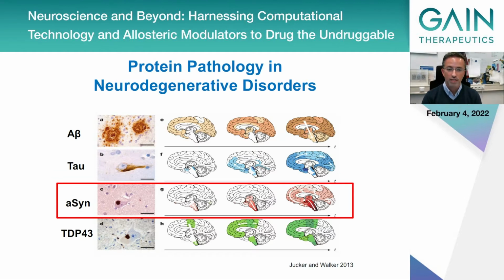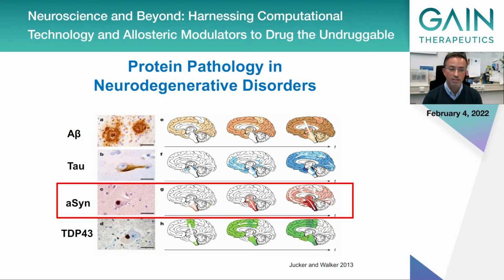So here you have typical protein accumulations that you find in the brains of people with Alzheimer's disease. So this A-beta, it's a peptide that accumulates and forms the A-beta plaques in the brains of patients with Alzheimer's disease. You see also the tau neurofibrillary tangles that are also a pathological hallmark in Alzheimer's disease and other diseases known as tauopathies.